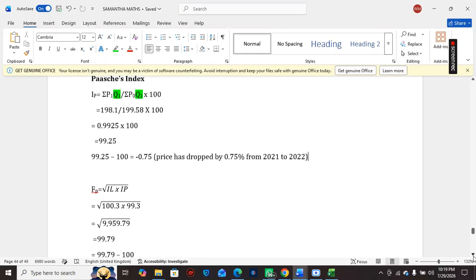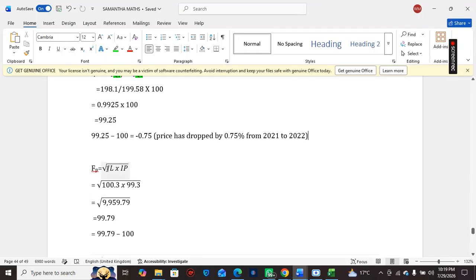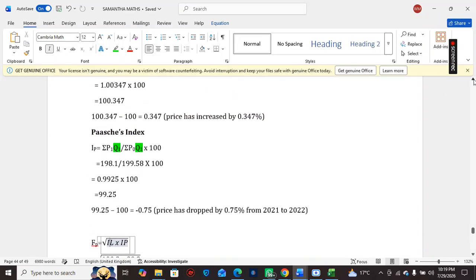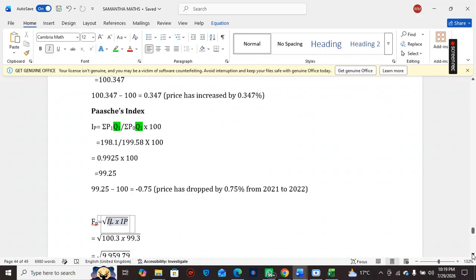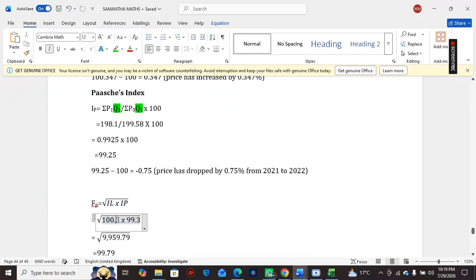Okay, so Fisher's price index is the Laspeyres price index multiplied by the Paasche price index. Okay, the Laspeyres price index, we got 100.347. Paasche's price index 99.25. Okay.